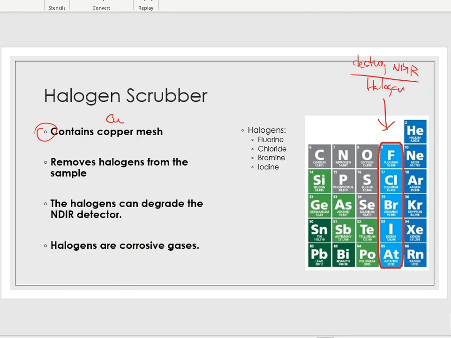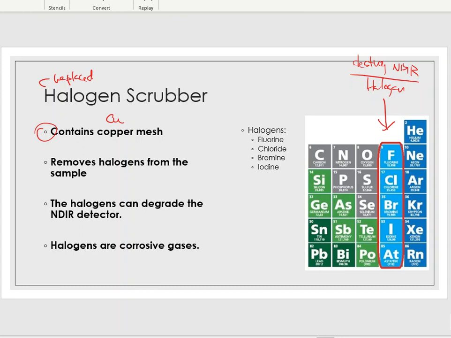So over a course of time, this halogen scrubber does need to be replaced. And the reason is because there's only so much copper. Once that copper is reacted, once the copper has prevented a certain amount of halogen from going through, well, there's no more copper left, or there's very little of it.